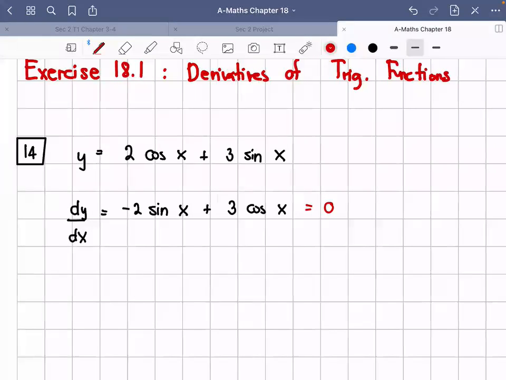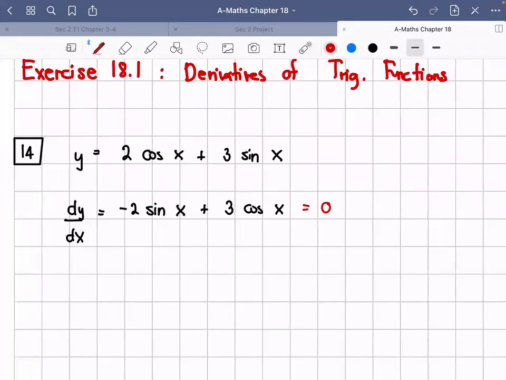What's the stationary point of this question? How do you finish? All right, thanks.